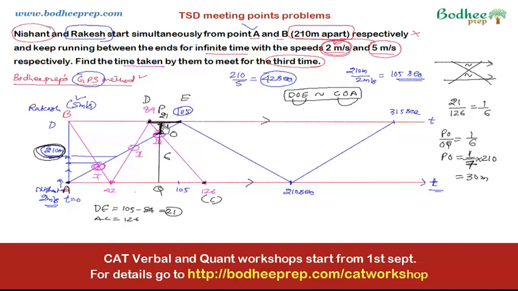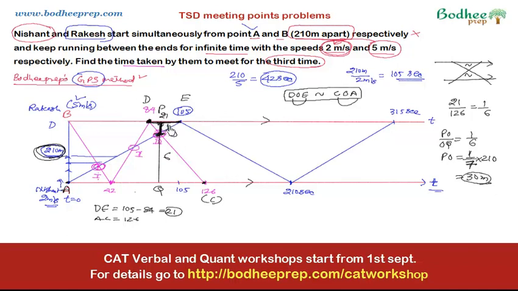Or we can say that after 84 seconds, Rakesh was at point D, and he traveled this much distance PO, that is 30 meter, and then he met Brijesh, or Nishant, for the third time.